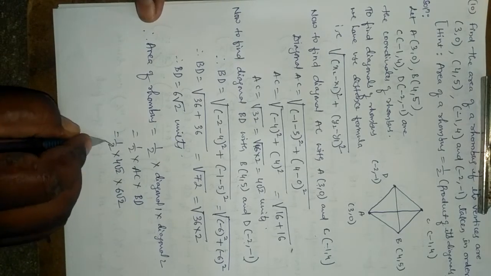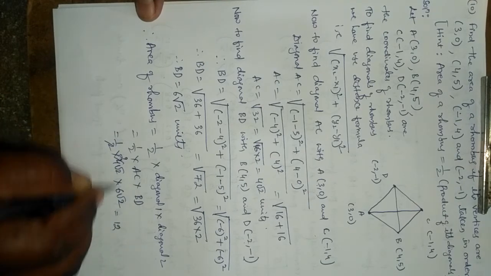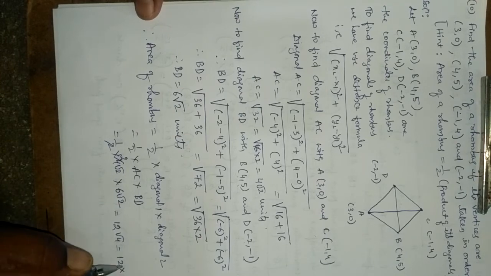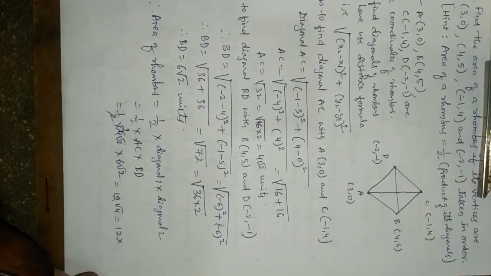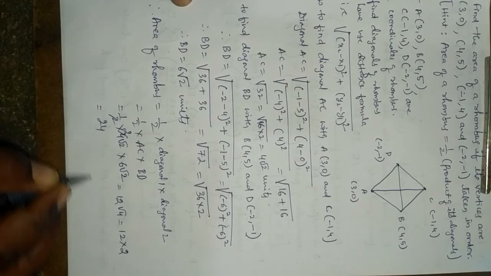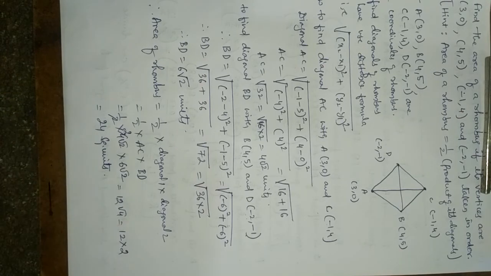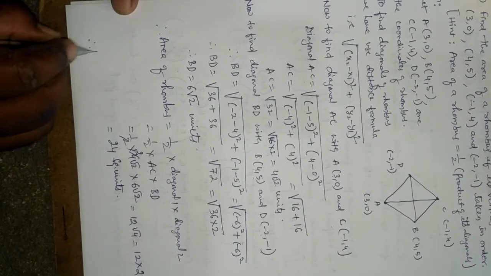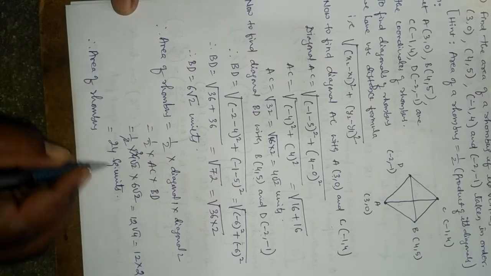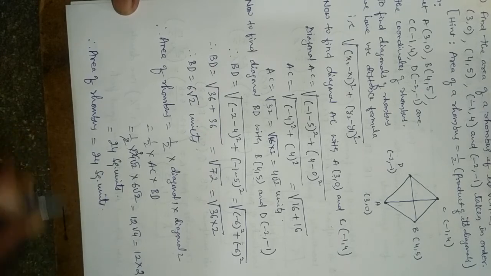So 2 ones are 2, 2 sixes are 12. Root 2 into root 2 is root 4. Root 4 is a perfect square, therefore root 4 value is 2. So this is equal to 12 twos are 24 square units. Therefore the area of the rhombus is equal to 24 square units. This is our result.